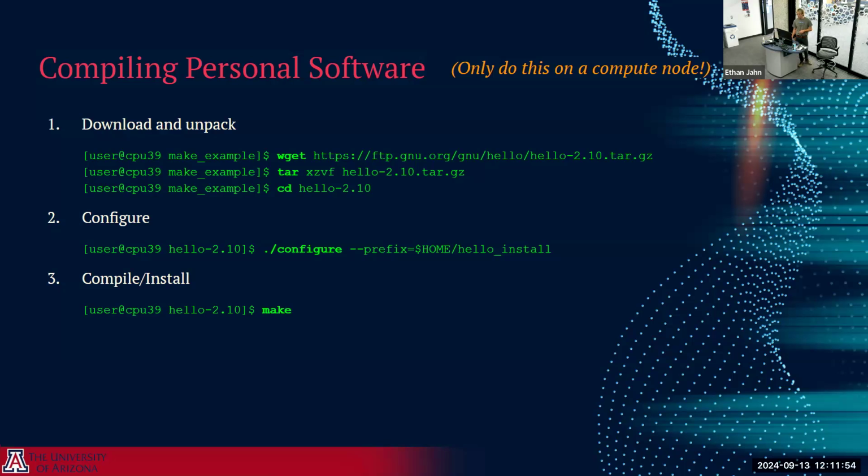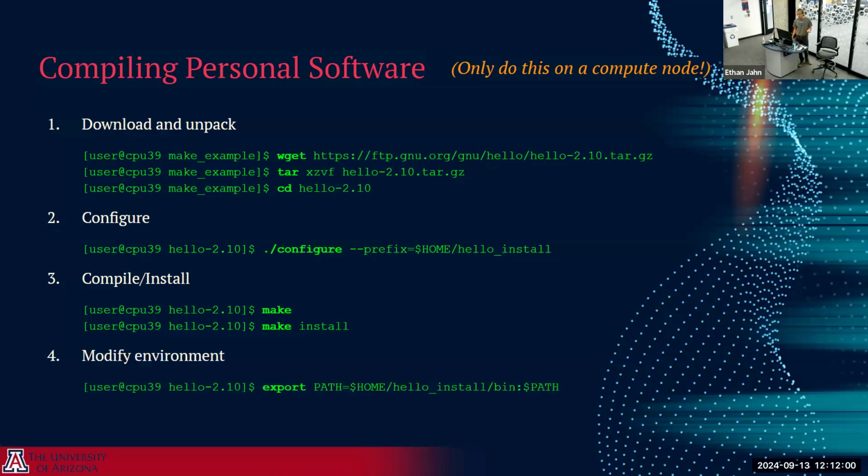This would be done by issuing the make command and then make install if necessary, and then modify your environment. I've installed it to a particular directory. You see here, I'm adding the same path that I had in my prefix into my path. What that does is simply make everything inside of that folder available in any system location.